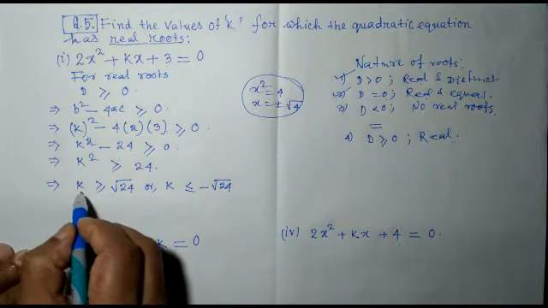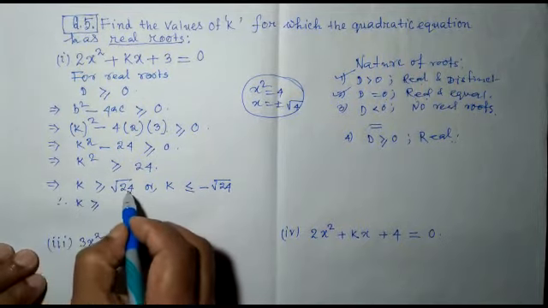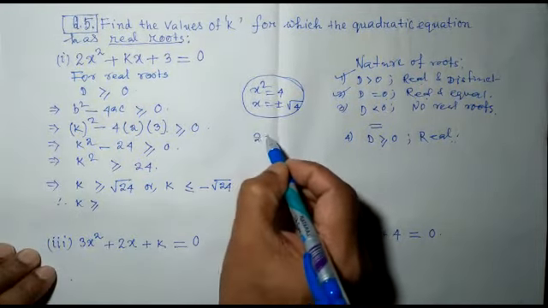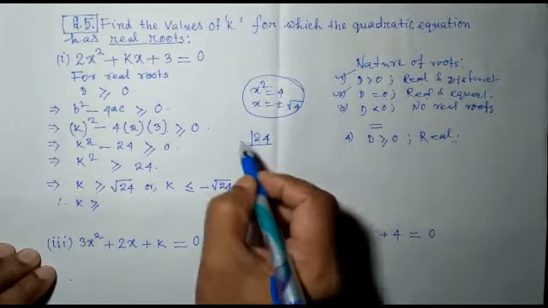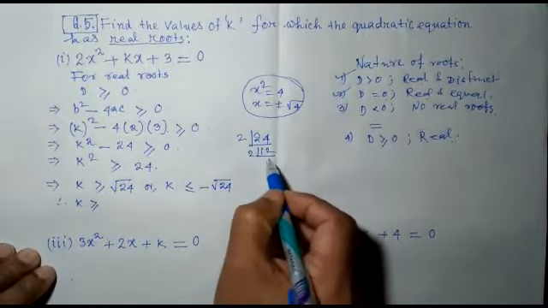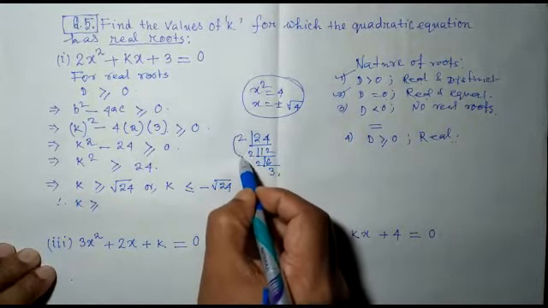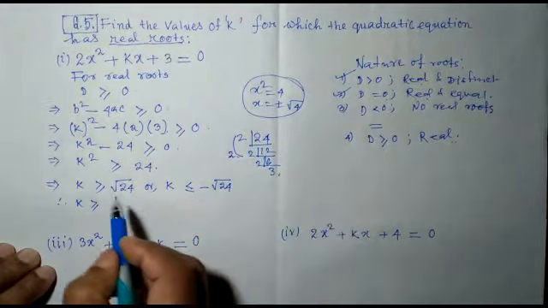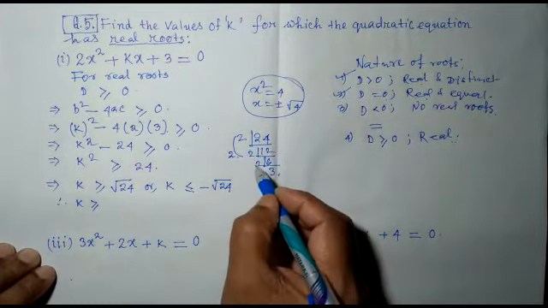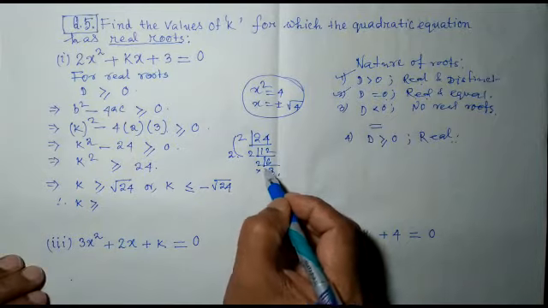And now from here, k greater than or equal to square root 24. This one we can factorize like this. By 2 is 12, by 2 is 6, and by 2 is 3. So for 2, 2 will come outside the square root, and this 2 and 3 will remain inside the square root. So it will be 6.